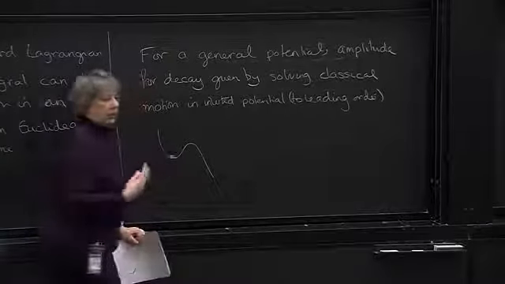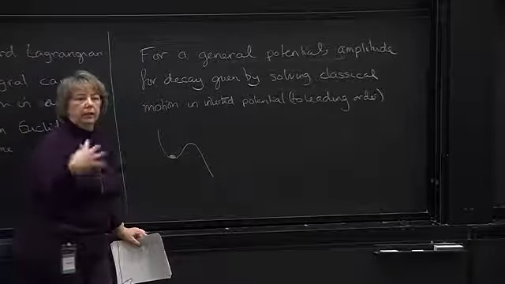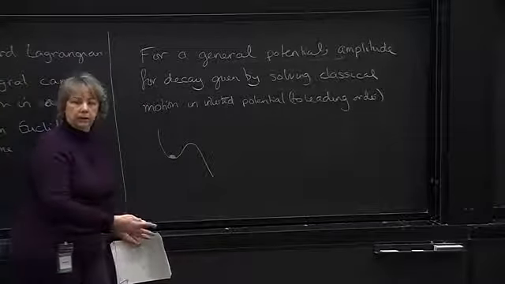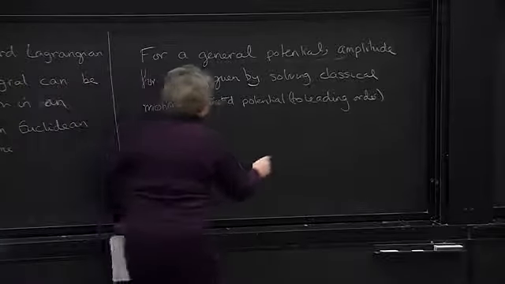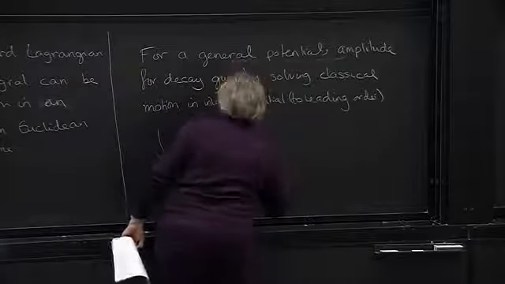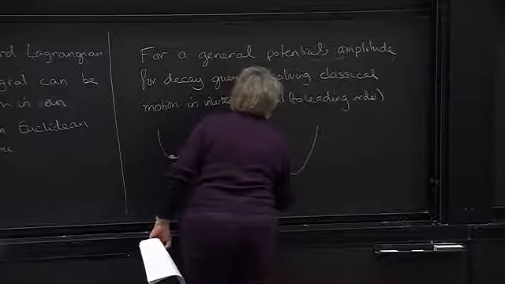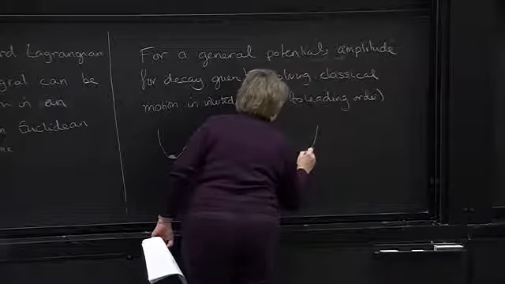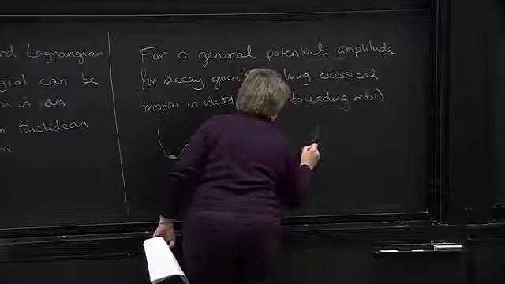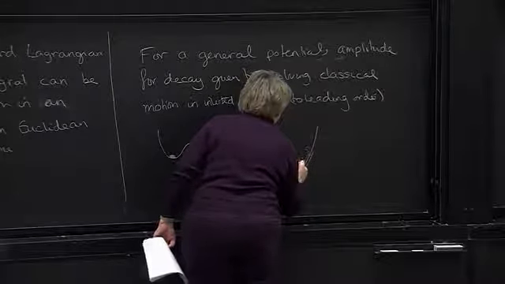So if you wanted to calculate this leading order exponential probability of decay to get to a half-life, you invert the potential, you look at the Euclidean solution that rolls up to here and then rolls back again.